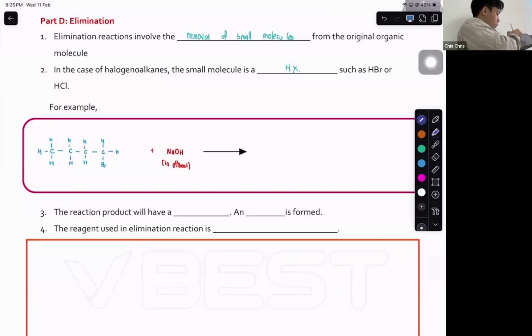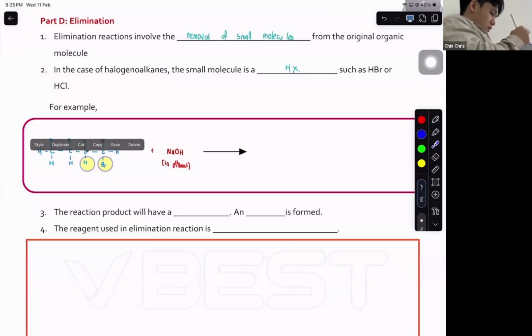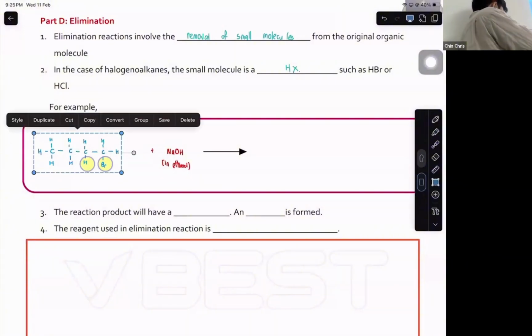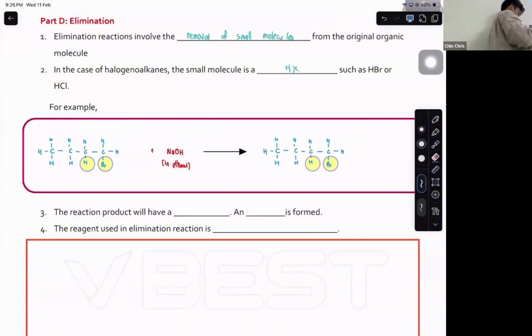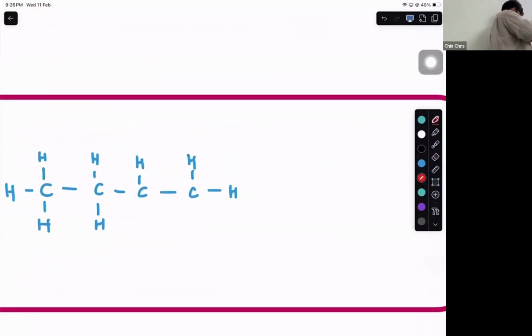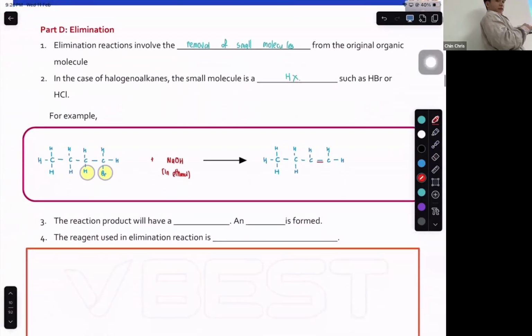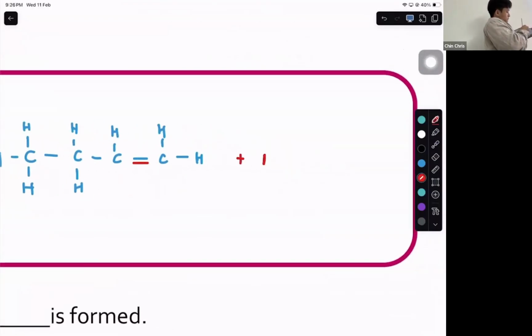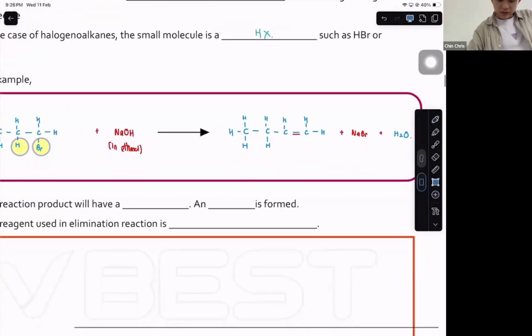You are removing a Br, and look at the carbon next to it, then you remove an H. So another H is removed. Then eventually it's going to turn into an alkene. You have an alkene, and you have NaBr and H2O. Okay, please write it down.